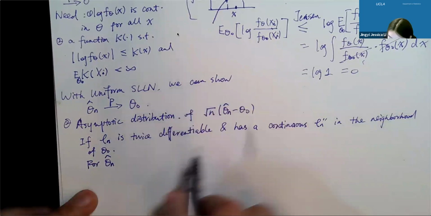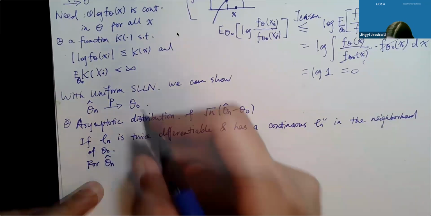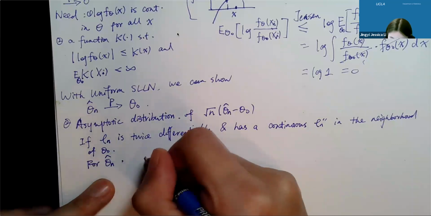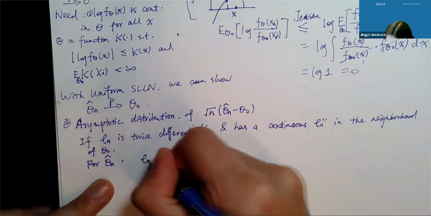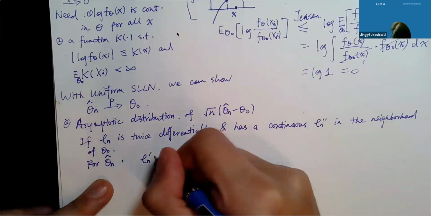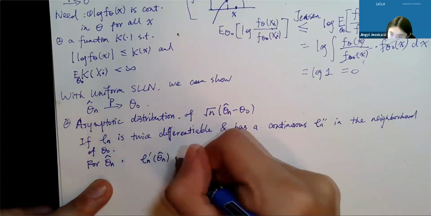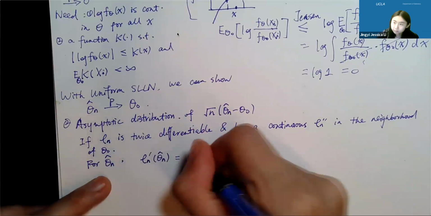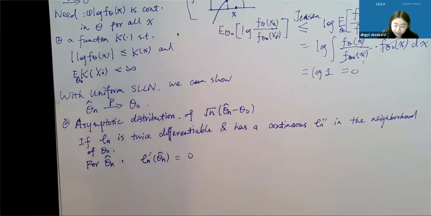So for those nice conditions, the first derivative of the log likelihood evaluated at the MLE is equal to 0. This gives us a very nice way to expand the first derivative of the likelihood at the true parameter value, based on this result about the MLE.